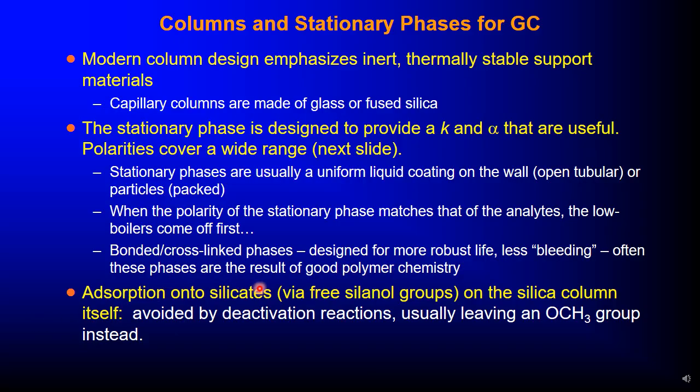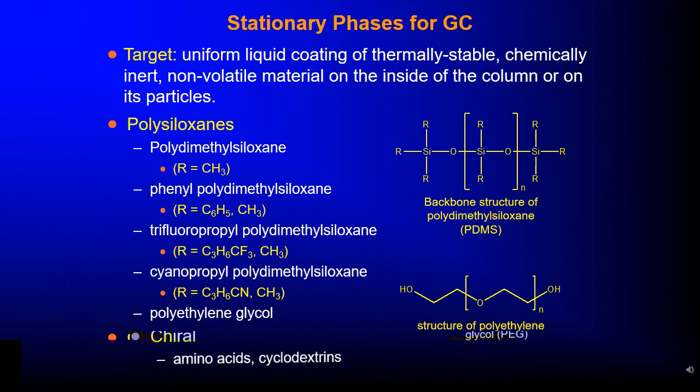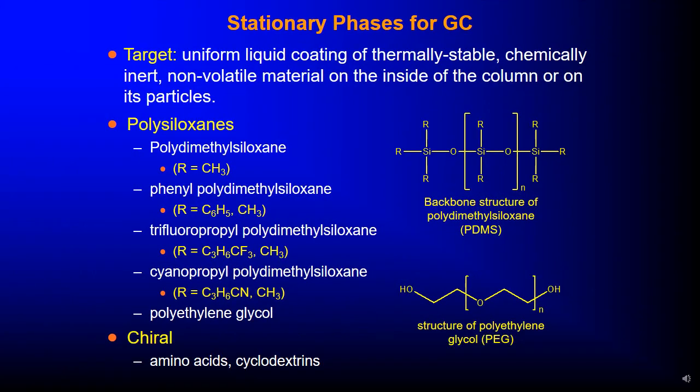So adsorption onto silicates is avoided by deactivation reactions, usually leaving a methoxyl group instead. So, stationary phases for gas chromatography: the target is a uniform liquid coating of thermally stable, chemically inert, non-volatile material on the inside of the column or on its particles.